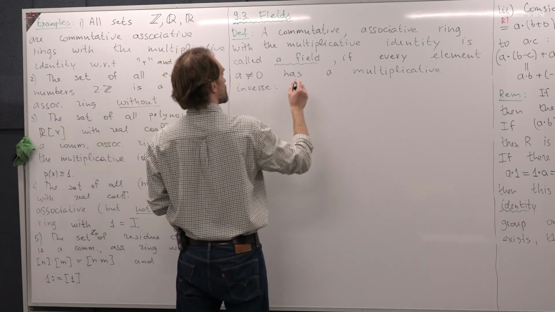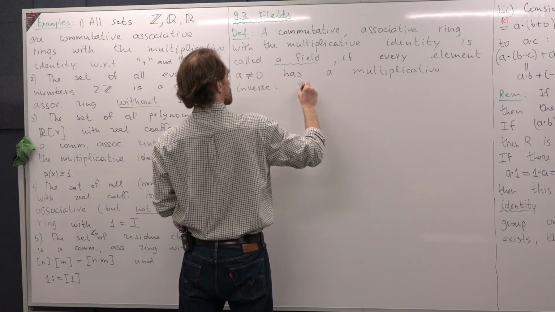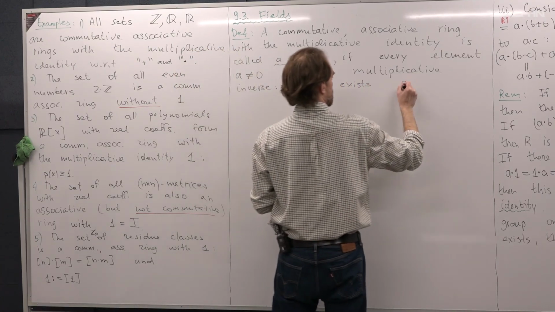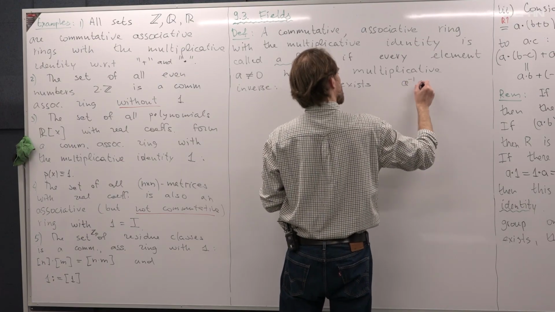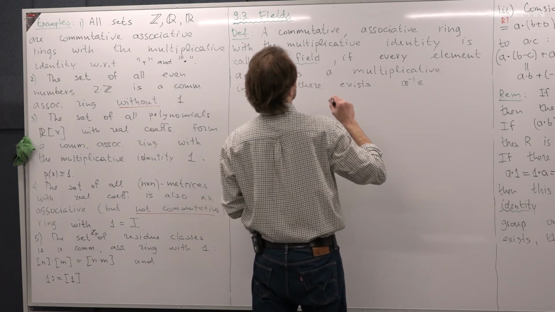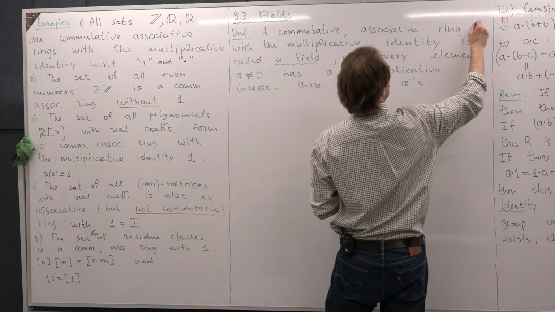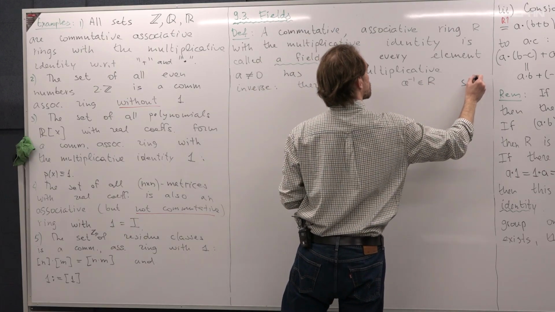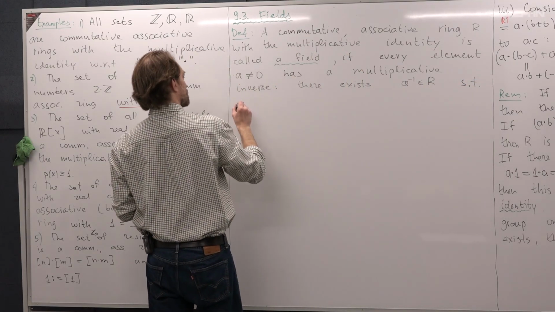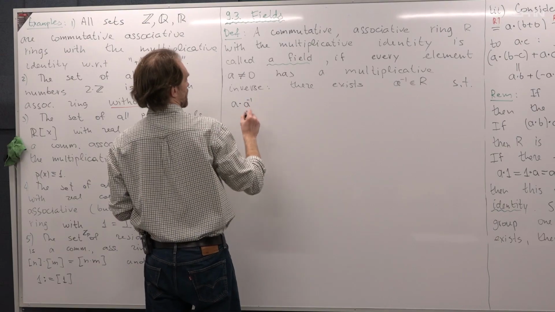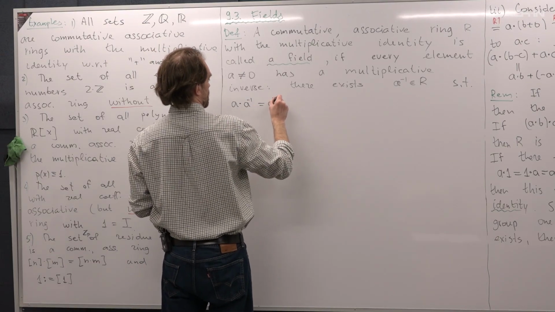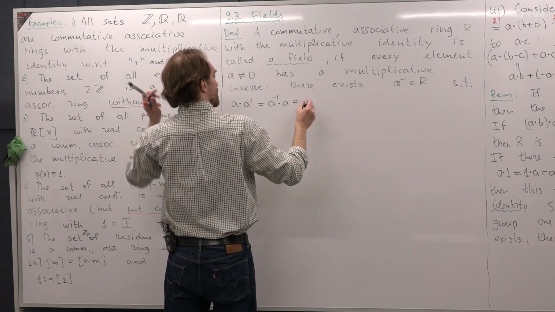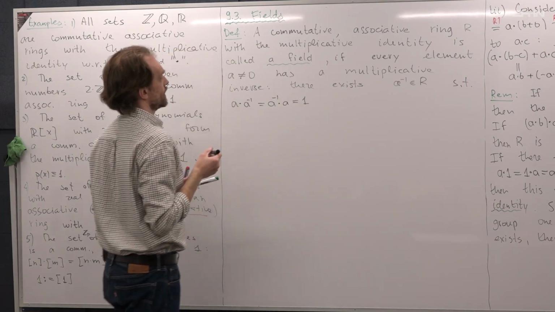So this means that there exists the element a to the minus 1 such that a multiplied by a to the minus 1 equals a to the minus 1 multiplied by a equals the multiplicative identity.